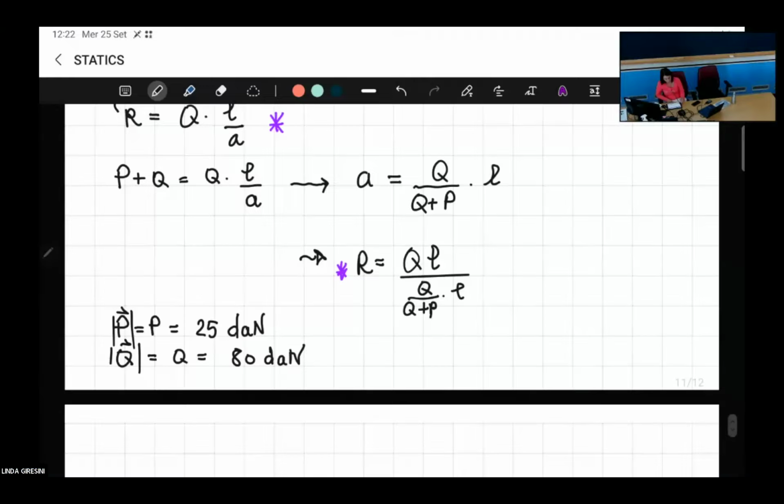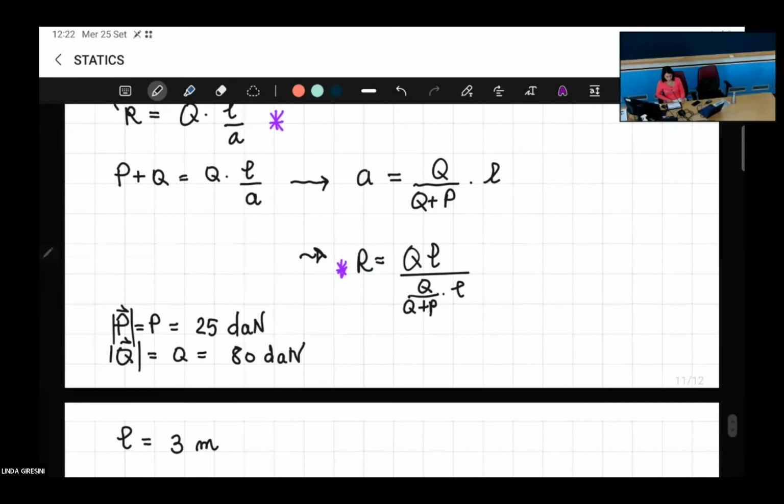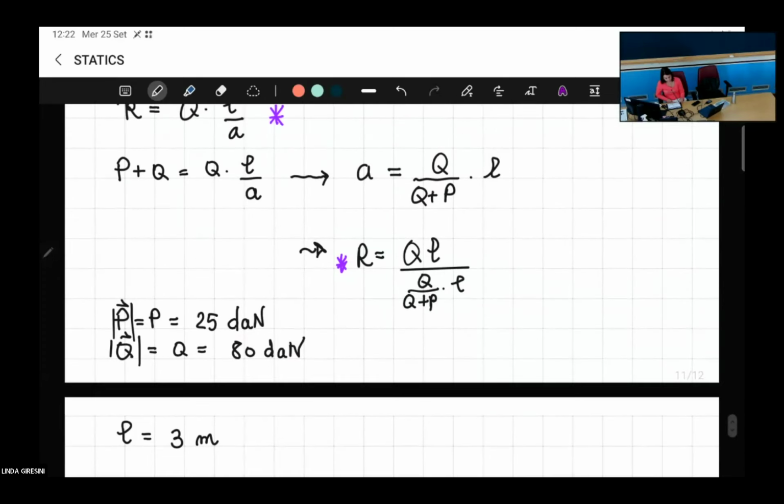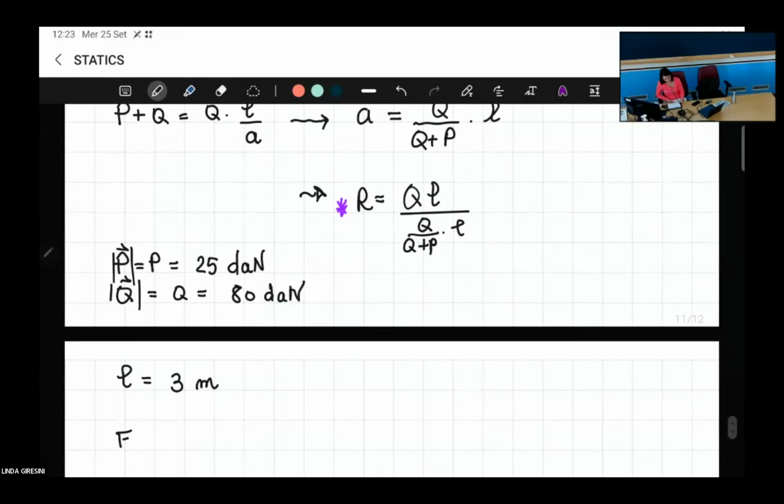And also you must know L, which is 3 meters. So find A and R. You have already the formulas.